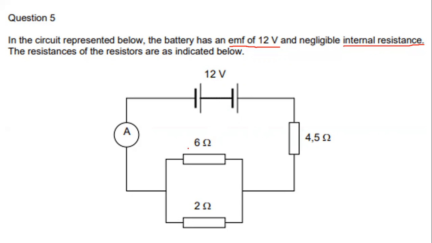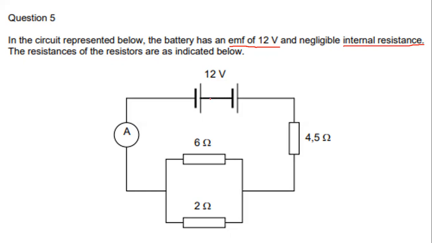Then we check, we track our current. I always told you, you start with your current and you track it from the battery. So if you track it from the battery, what you are going to observe is that it is the total current in the battery, and it picks up 12 volts.